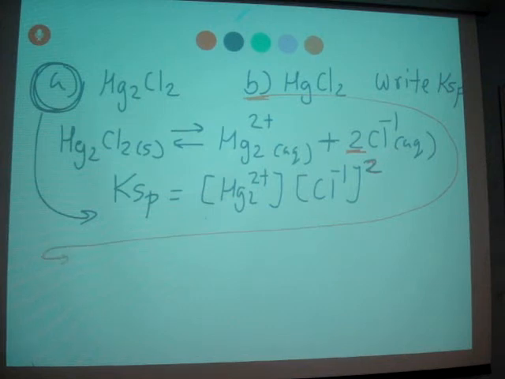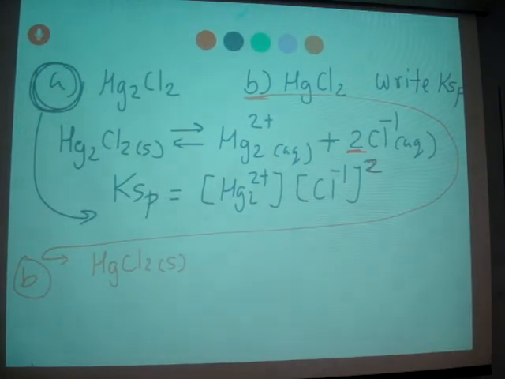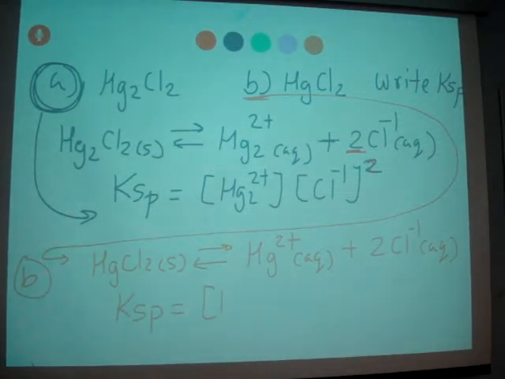So when you write for salt B, let's first write the equation: HgCl2 solid, which is in equilibrium with Hg 2 plus aqueous plus 2Cl minus aqueous. Now we write KSP: the Hg 2 plus ion concentration times the Cl minus concentration, and since this is a 2, we can put 2 here, squared. So that's how we write KSP.